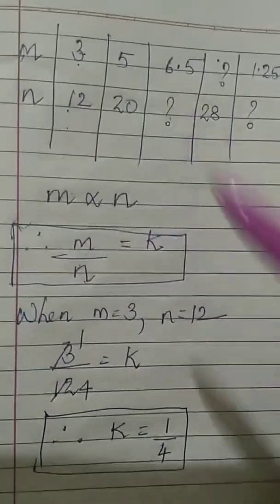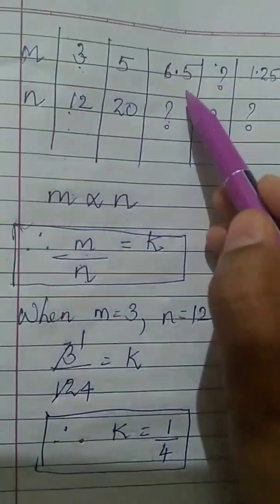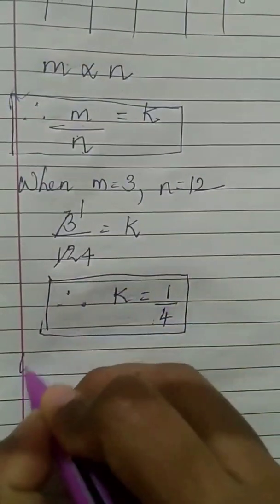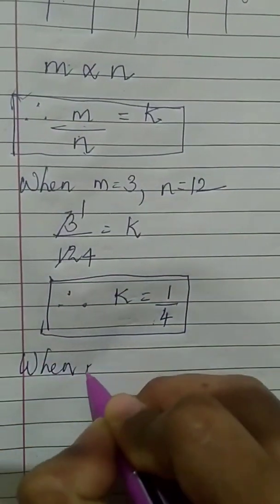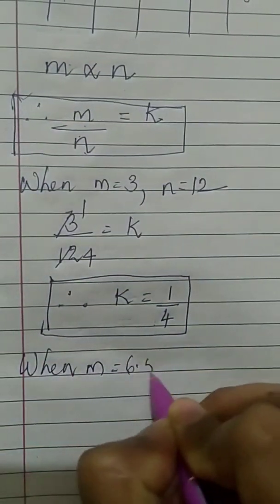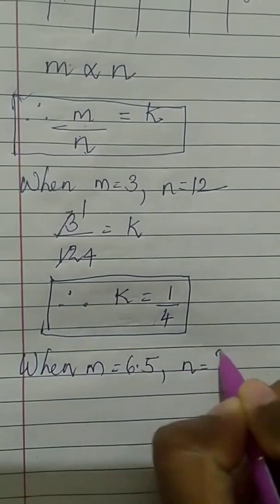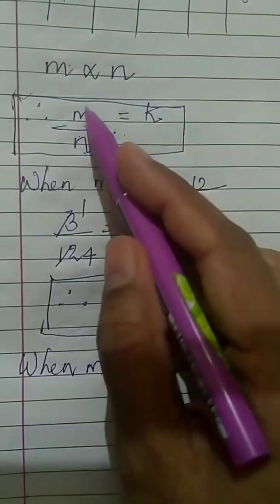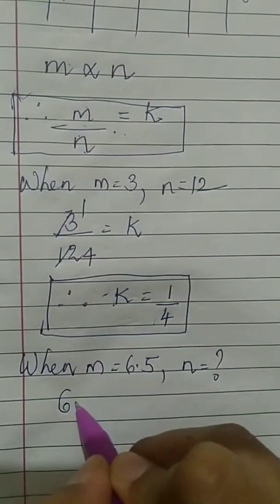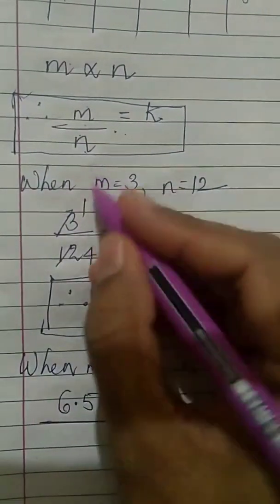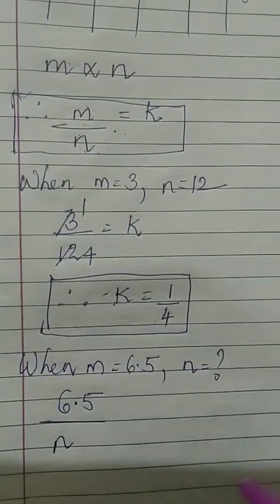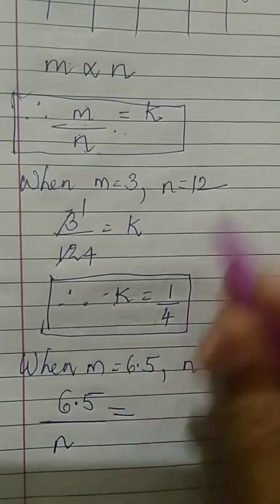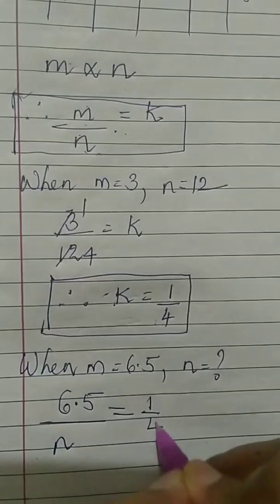Okay. So we will write m is 6.5. When m is equal to 6.5, what will be n is the question. All the boxes I have highlighted. So in place of m, you write 6.5. In place of n, we don't know. So n is equal to, what is k? k is 1 upon 4.